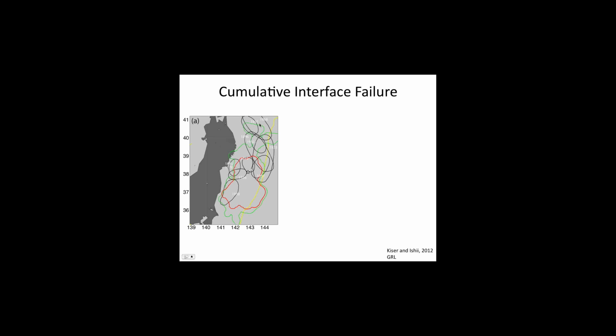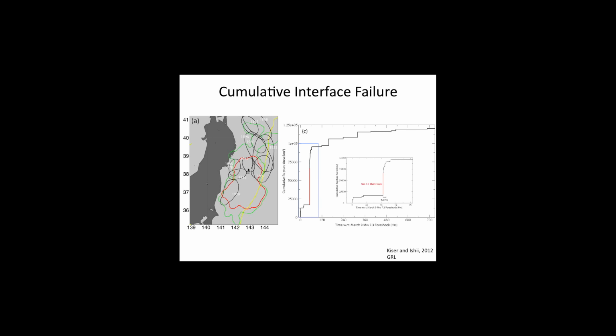The green contour is the main shock plus the aftershocks. The red contour is just the main shock from all 4 frequency ranges that we imaged. So you actually increase the total failure of the plate interface pretty dramatically by including these aftershocks.